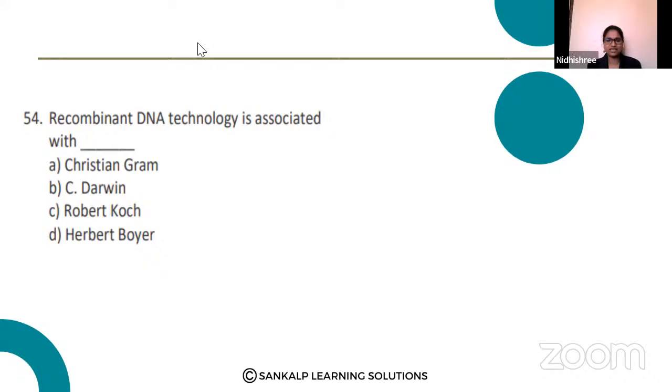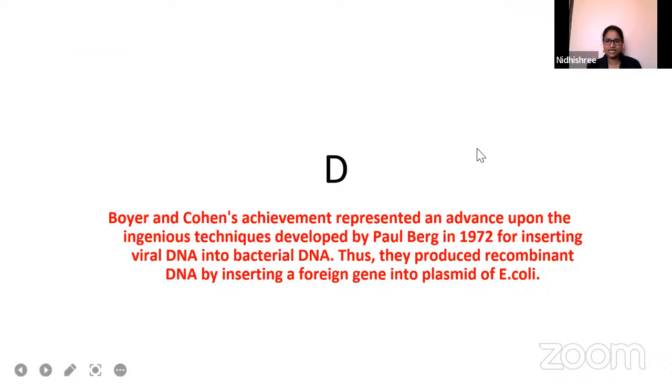Soumya Naral, option D. Okay, most of them are saying option D, it is associated with Herbert Boyer. Let me check the answer. The right answer is option D. Boyer and Cohen's achievement represented an advance upon the ingenious techniques developed by Paul Berg. So, Paul Berg and then Boyer and Cohen for inserting viral DNA into a bacterial DNA. Next.